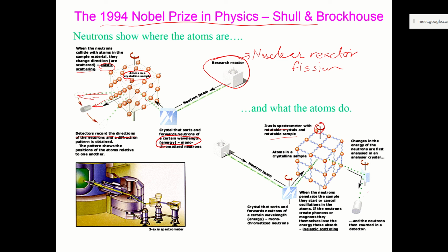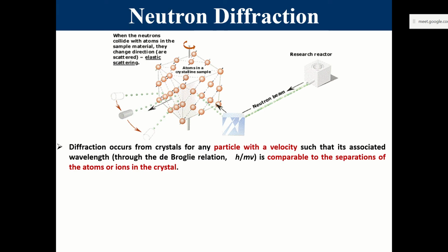So that is how the signals are collected. The energy of the beam is analyzed through another set of crystals here. Neutrons get counted in the detector, and that's how it happens.